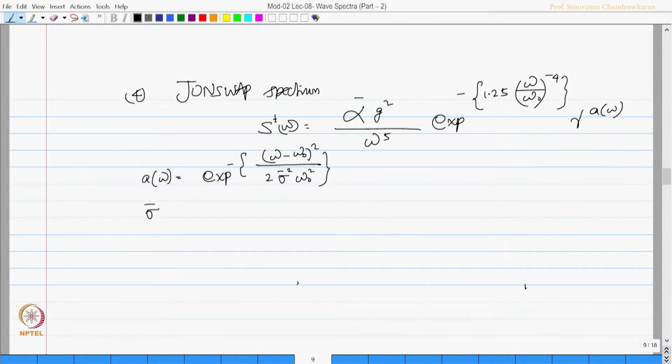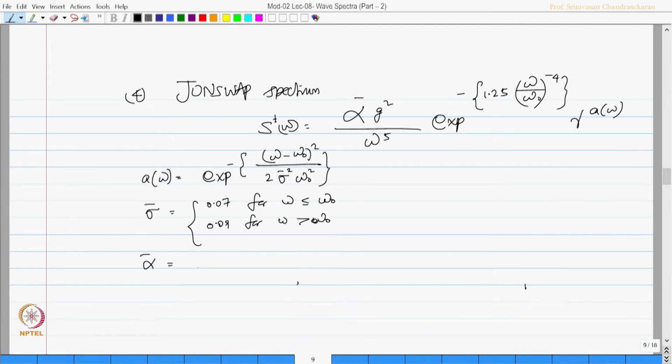Sigma bar is 0.07 for omega less than omega naught, 0.09 for omega greater than omega naught.